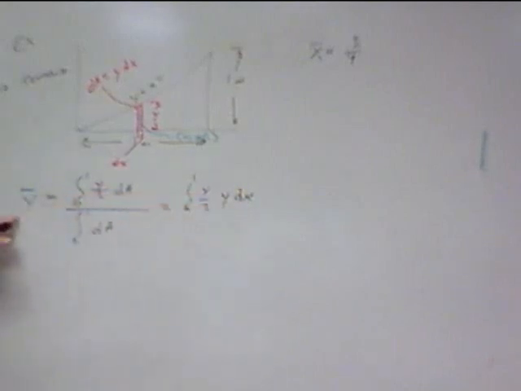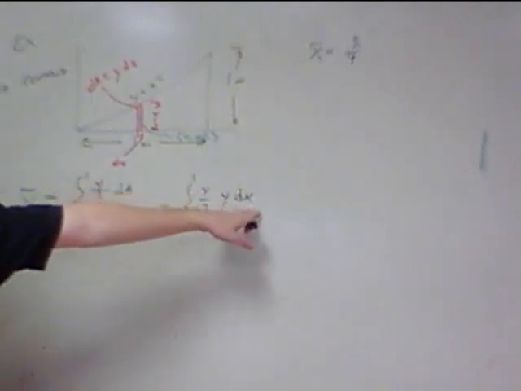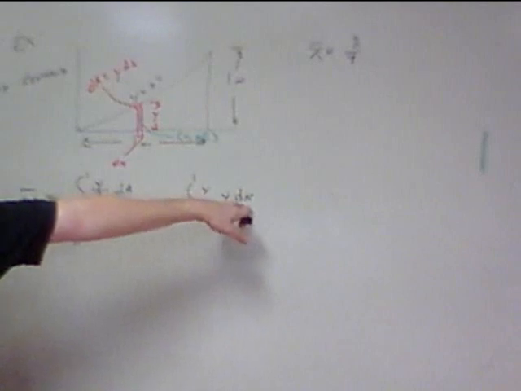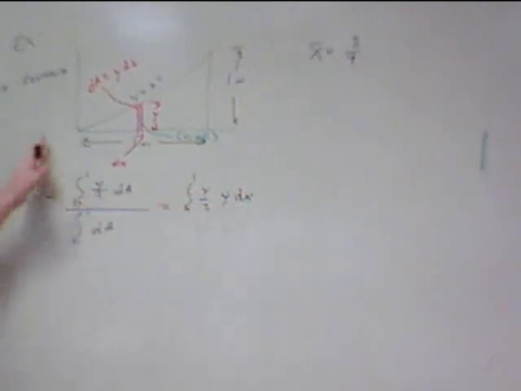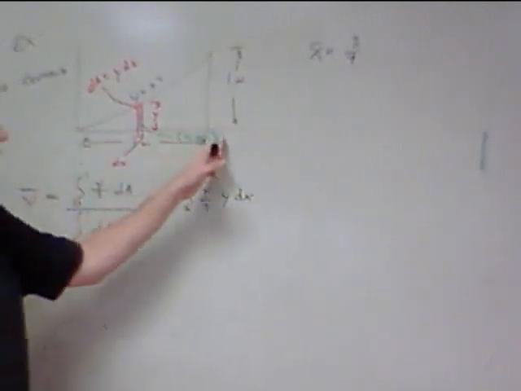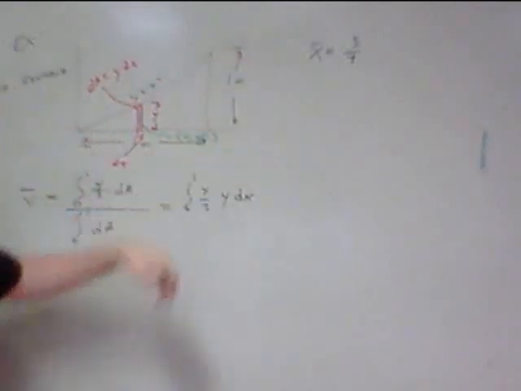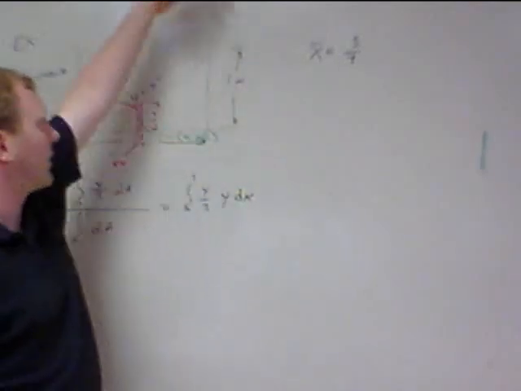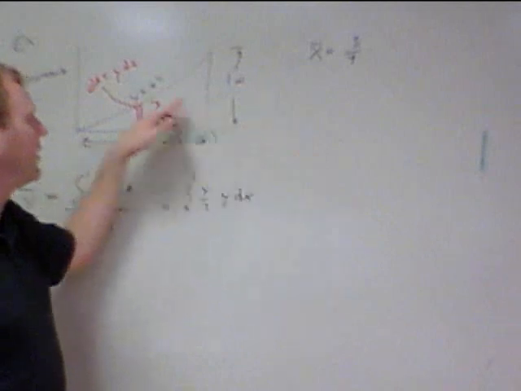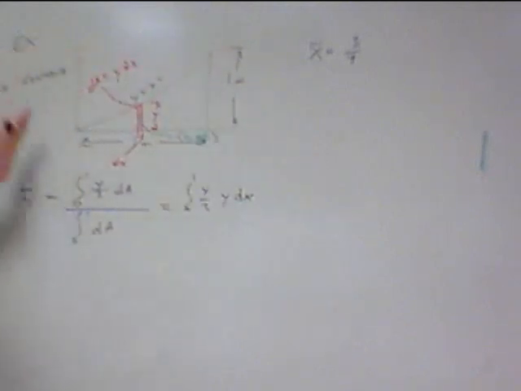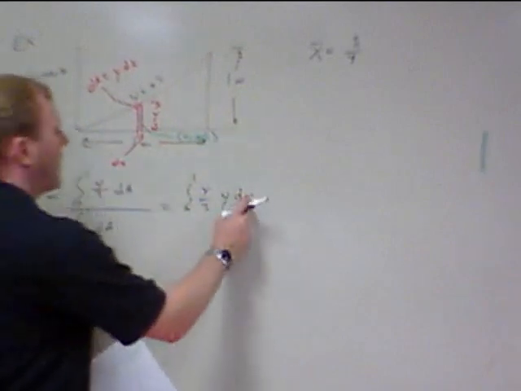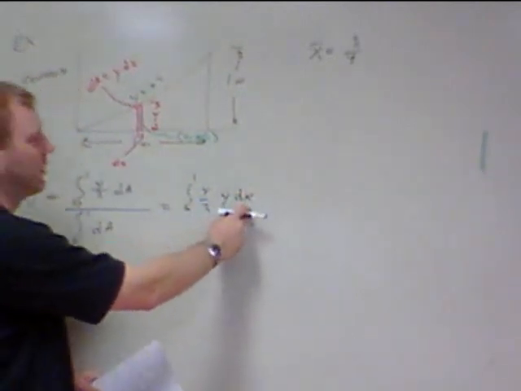Even though I'm solving for y, I'm still integrating over x. That's important, because if I'm integrating over x, I have to use my x bounds. I go from 0 to 1. Granted, in this case, it's 1 in both cases. But if I extended this up higher, or if this didn't end at 1, 1, if these dimensions were different, like they were in the last one, your integration bounds have to match the variable you're integrating over.